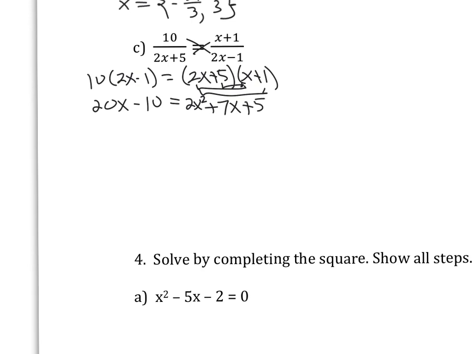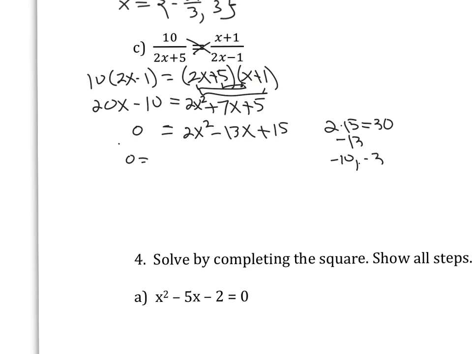Okay, so now we want to clear one side and make that side equal to 0. So we'll subtract 20x from both sides and we'll add 10 to both sides, and we will end up with 2x squared minus 13x plus 15, and that's equal to 0. Okay, so now we need to do some factoring, and we want two numbers that multiply to 2 times 15, which is equal to 30, and add to negative 13, and that's going to give us the numbers negative 10, negative 3.